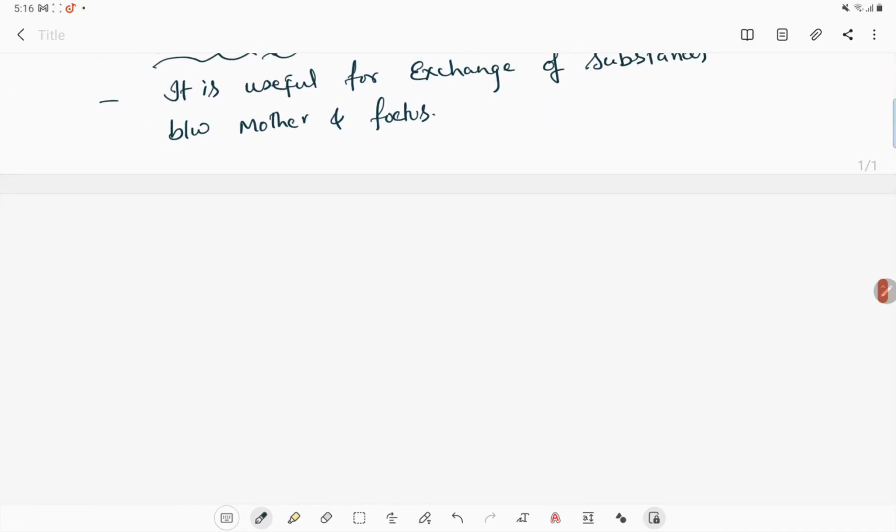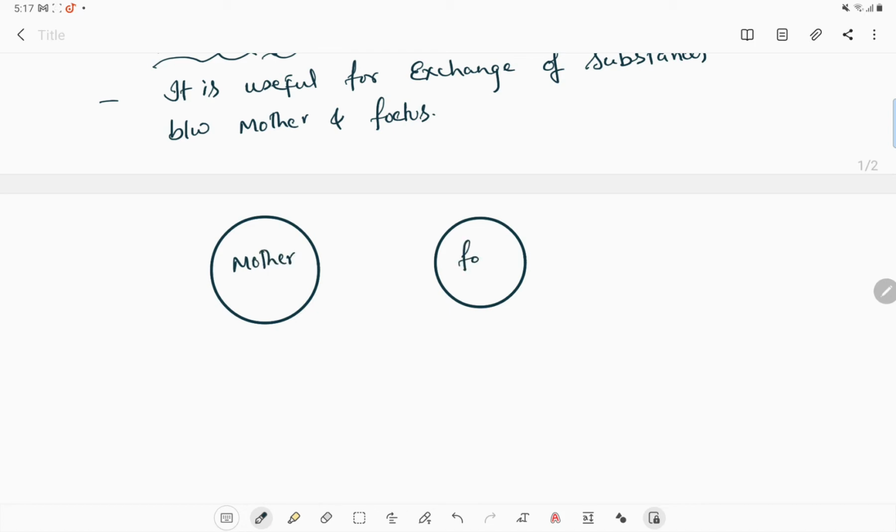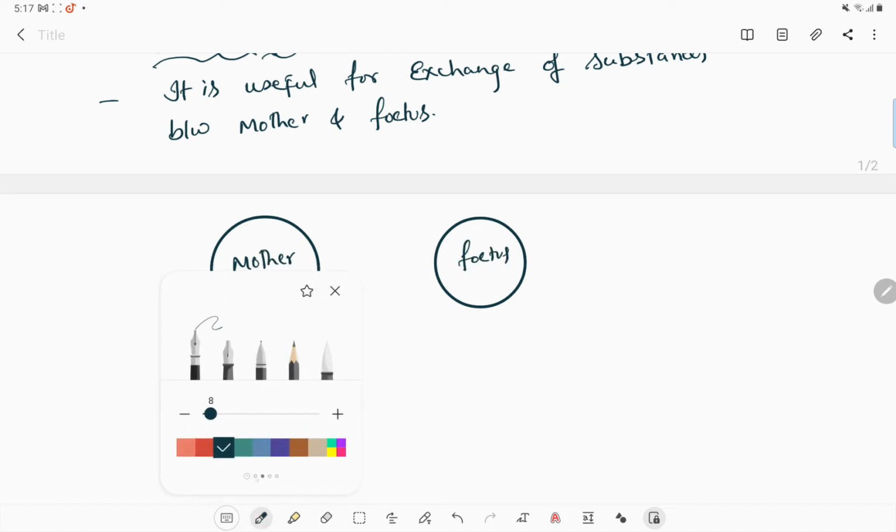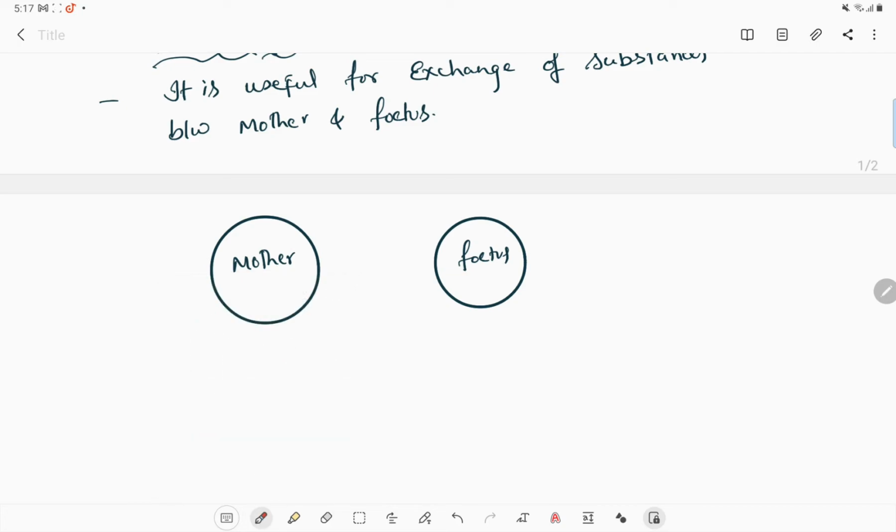Okay. If we take the mother here and the fetus here, it is useful for exchange of substances. What are the substances? The placenta supplies oxygen and nutrients from mother to fetus.